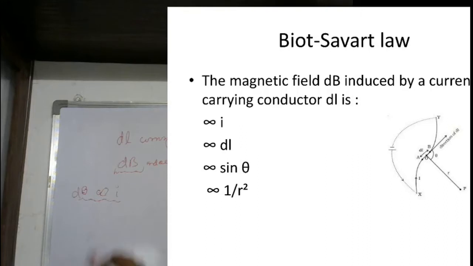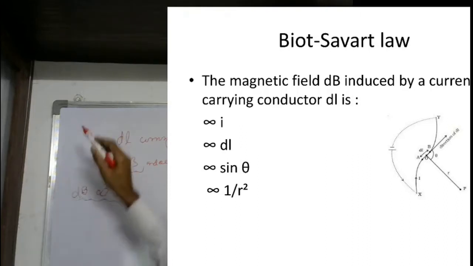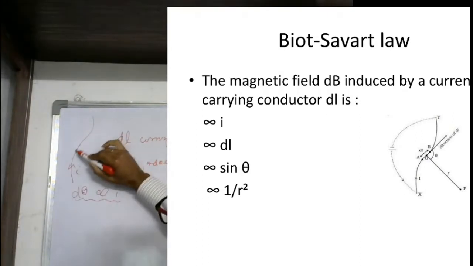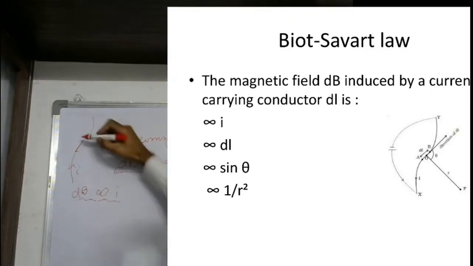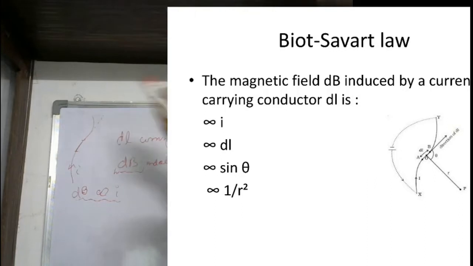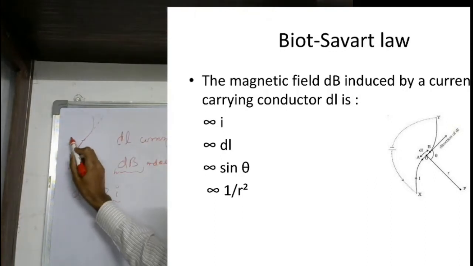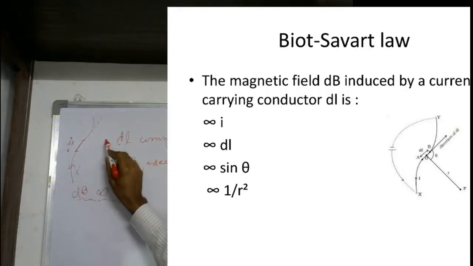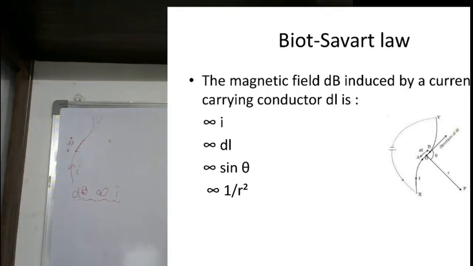Okay, you see, I will draw here the conductor. So, say some current I is flowing through this. Okay, you are taking some part of the conductor. Say this is a dl. Okay, this is the direction of dl. Here to here, this is dl. You want to find here, you want to know the magnetic field.